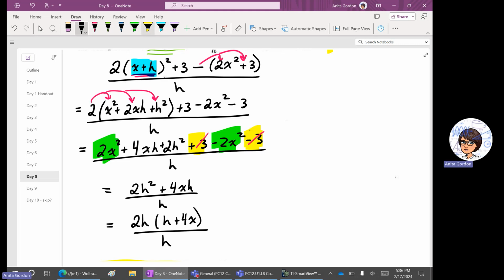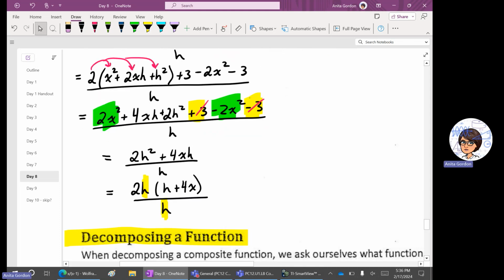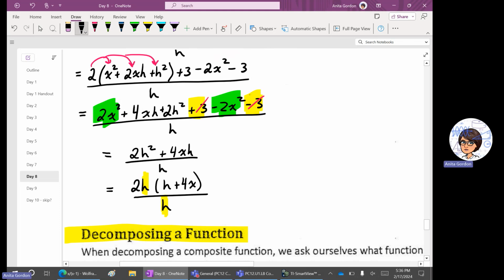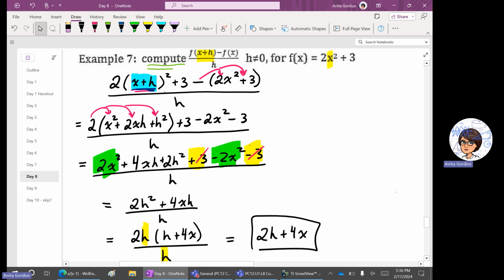Check this out. I have an h on top and an h on the bottom. So this is going to simplify to 2h plus 4x. And that's it. It started off really ugly, and I made a couple mistakes along the way.